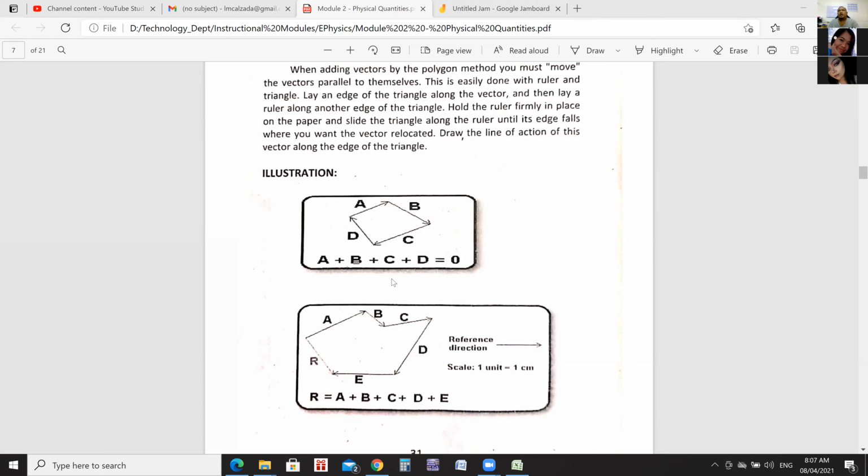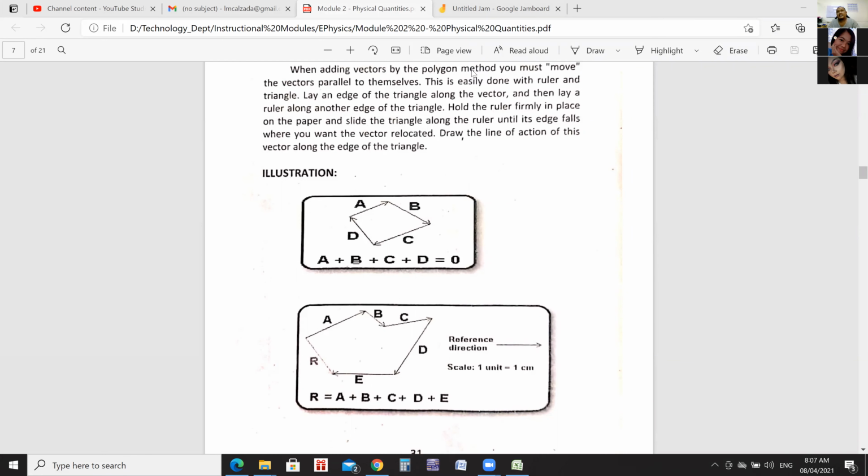And it is noteworthy to mention that in doing a graphical solution, in getting the resultant vector, we need to conduct scaling, because actually the vector that we draw in our graphing paper is just a mere representation of the actual vector quantity.